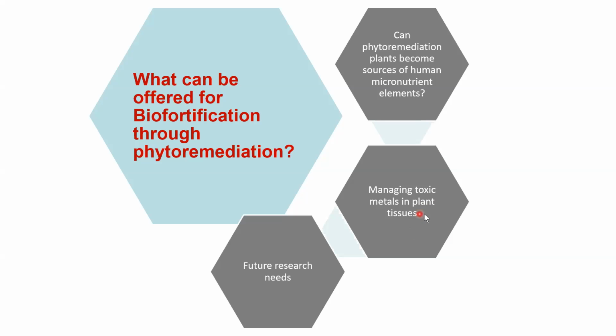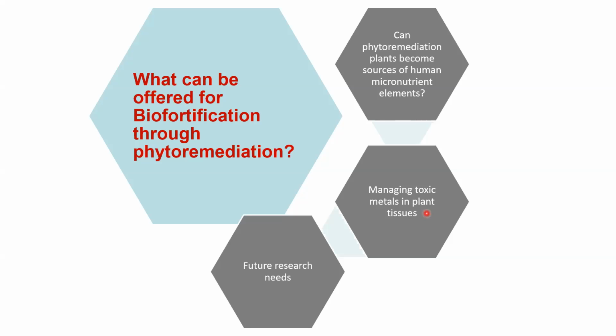Managing toxic metals in plant tissues. That can help us because when we are biofortifying using different transporters in the plant species, they may also have some impact on the uptake of toxic metals.